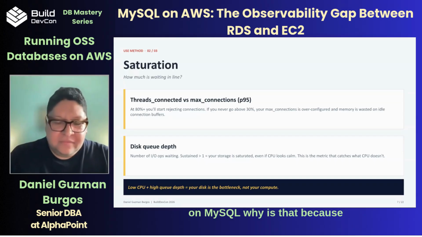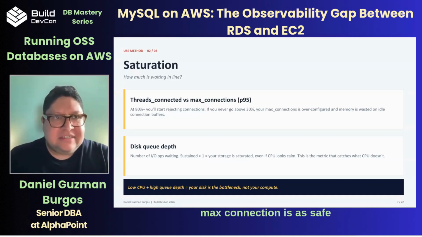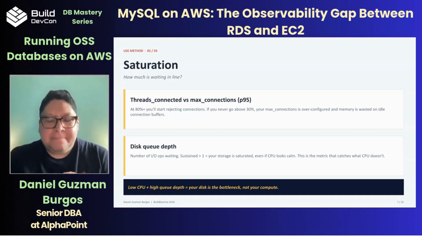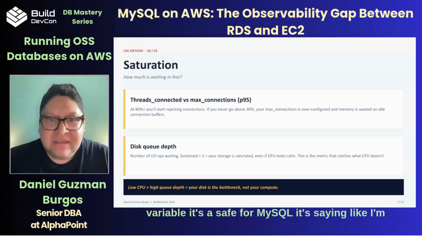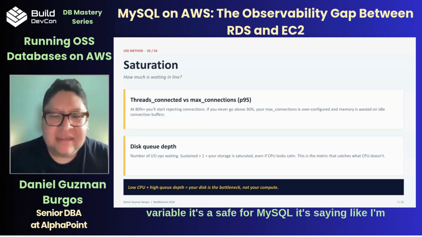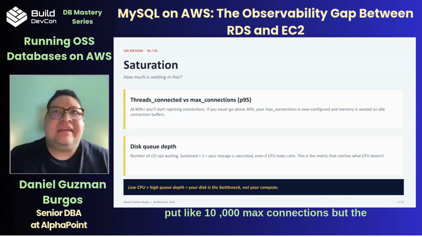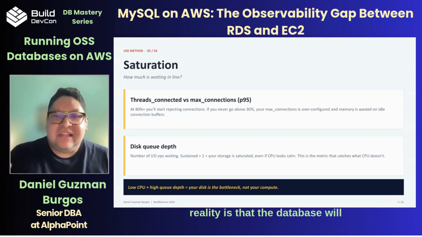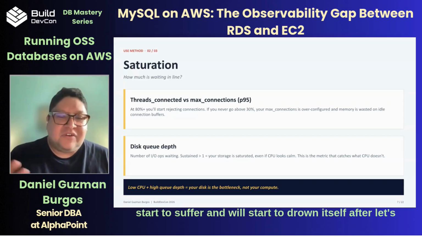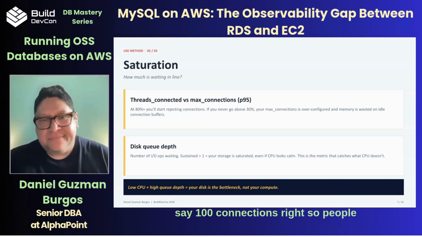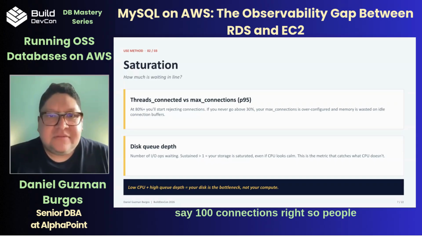Why is that? Because max connections is a safe variable. It's a safe for MySQL. It's saying, I'm aware that I can put 10,000 max connections, but the reality is that the database will start to suffer and will start to throttle itself after, let's say, 100 connections, right?